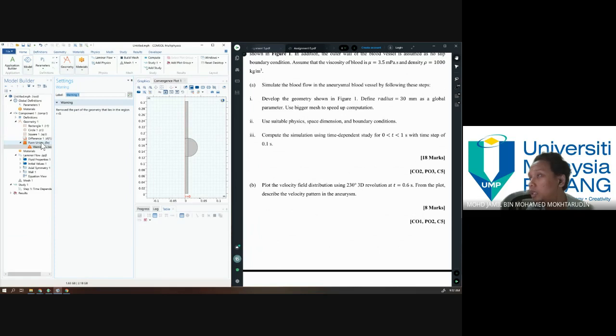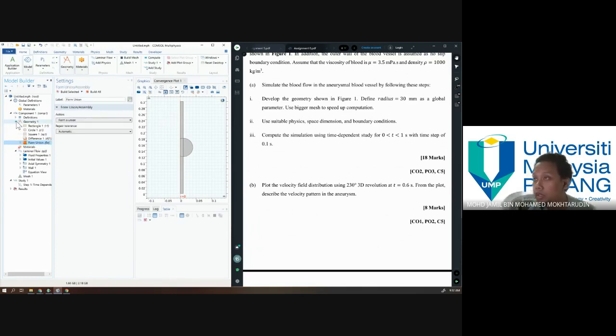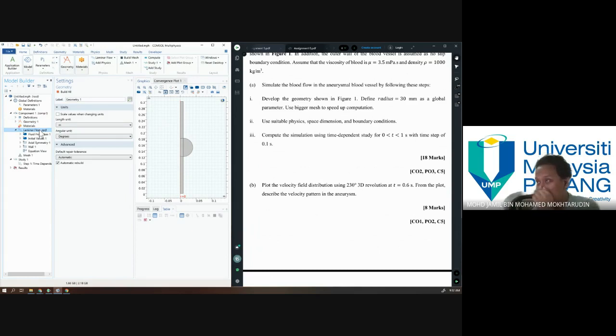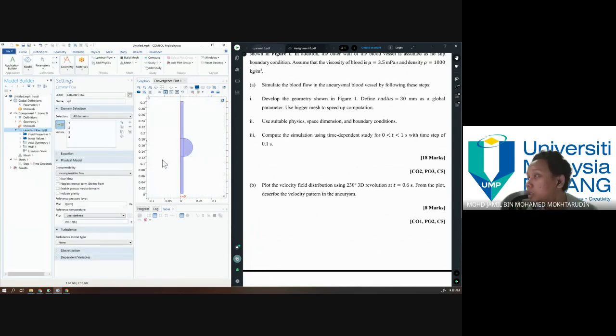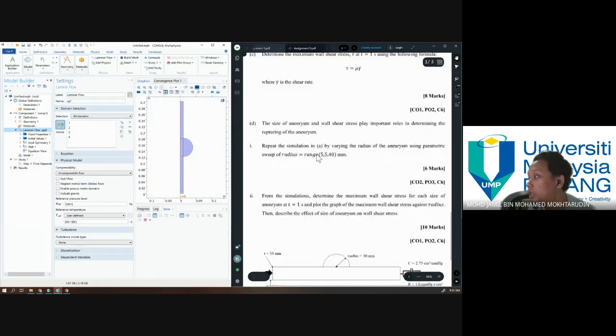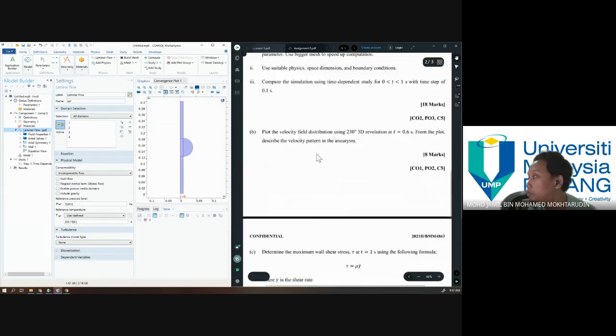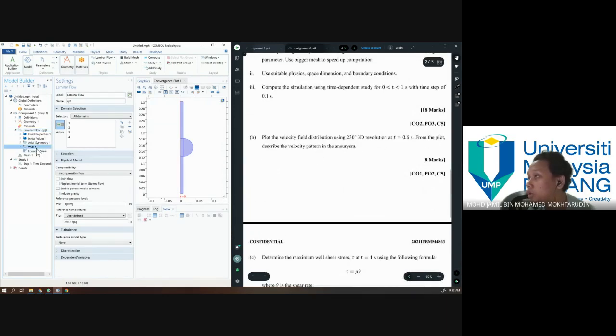Okay. It tells us this warning means it removes anything on the left side. Okay. So warning, nothing happened. Okay, don't worry. So we set the physics. So firstly, we need to set the wall.